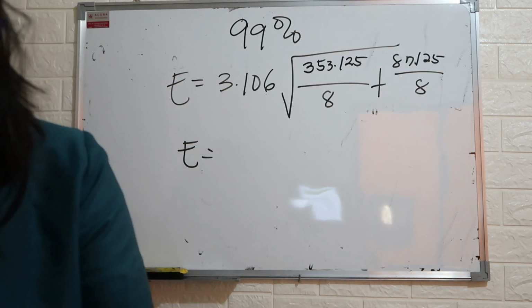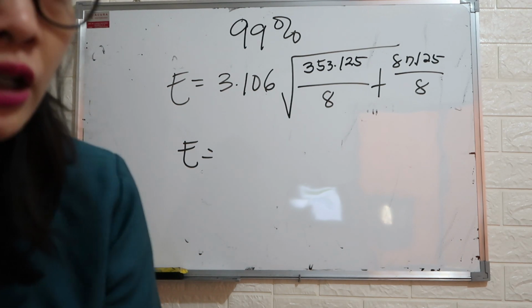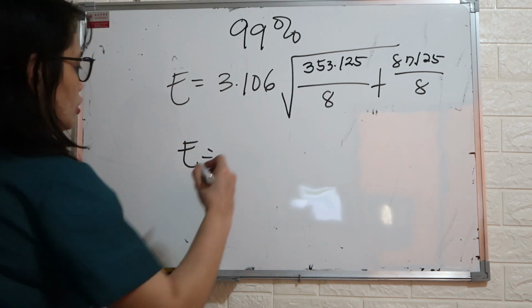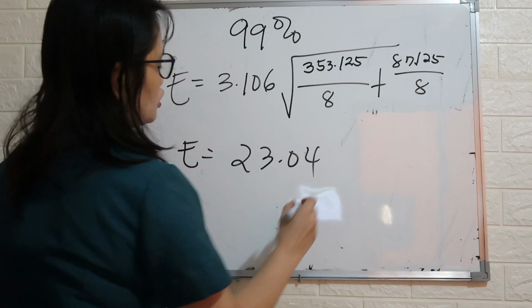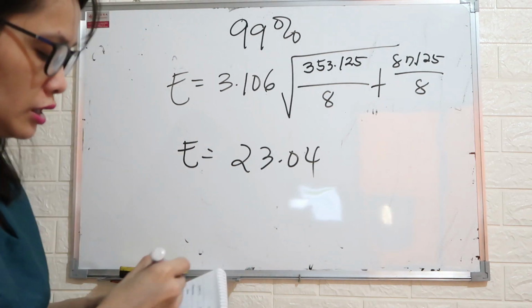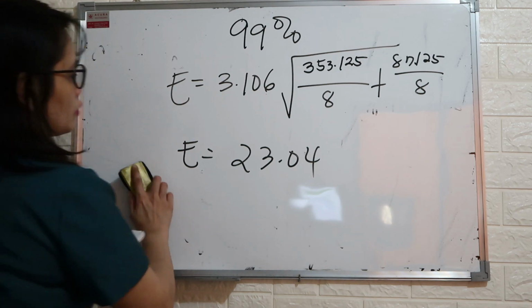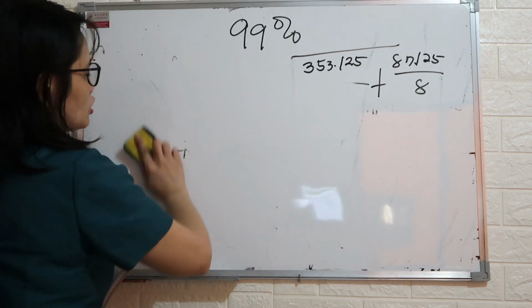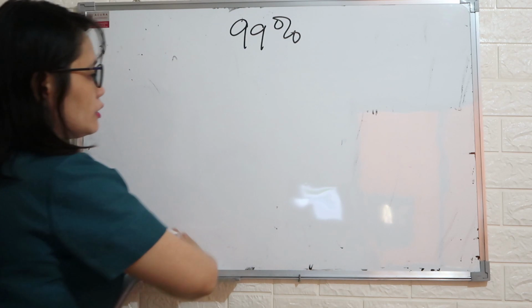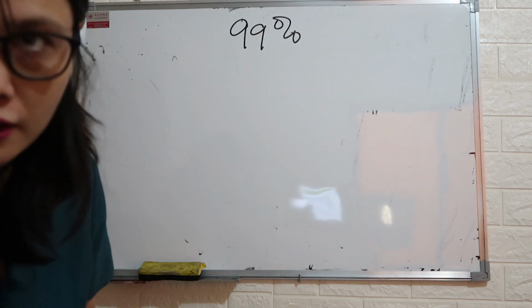So the answer is 23.04. So your margin of error is 23.04. Now, after we solve for the margin of error, you can now identify the confidence interval.